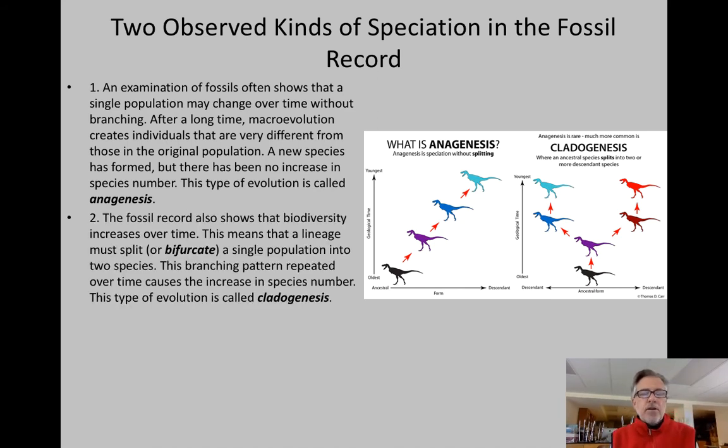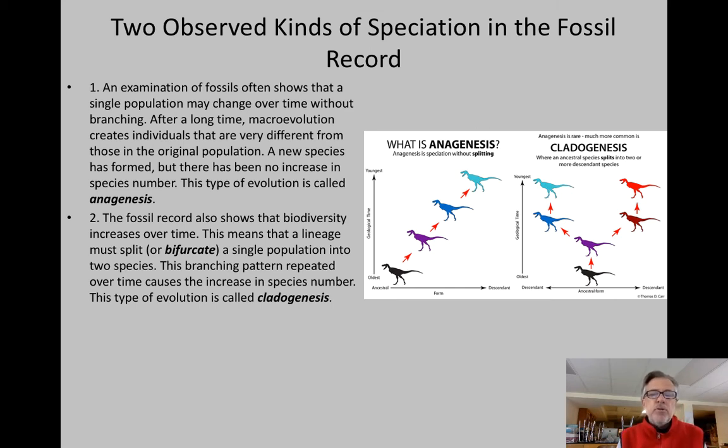But a second pattern arises from the fossil record, and that is that biodiversity, the number of species, increases over time. And this means that a lineage must split or bifurcate a single population into two species. And this branching pattern repeated over time causes an increase in the number of species.